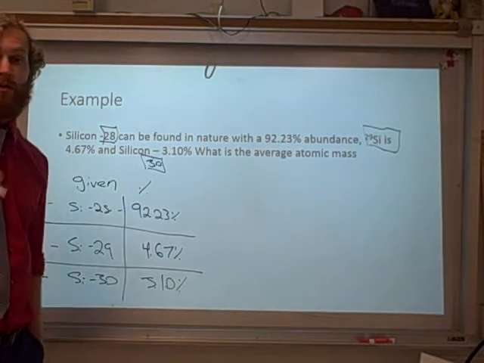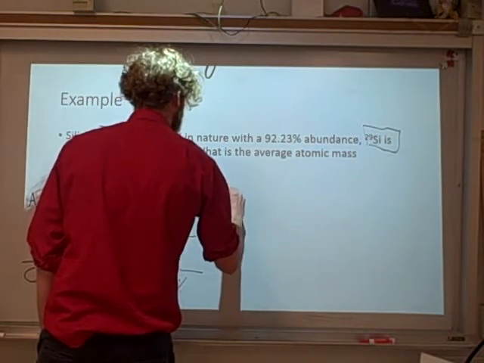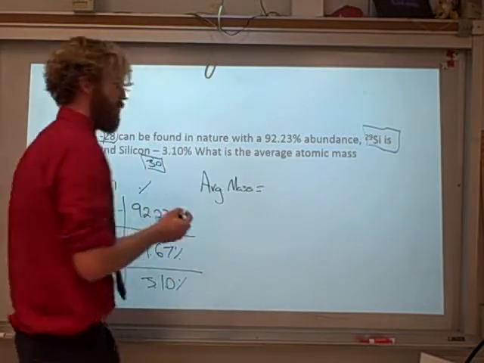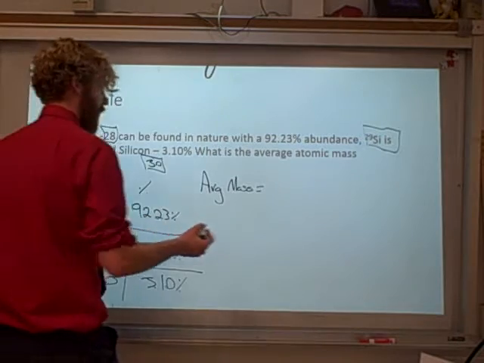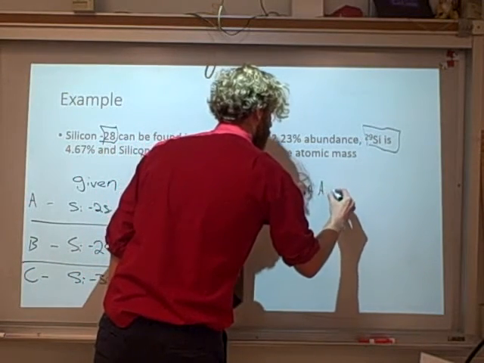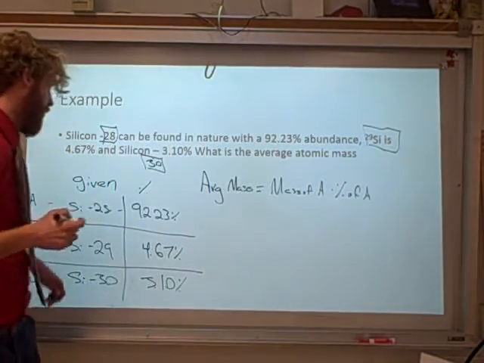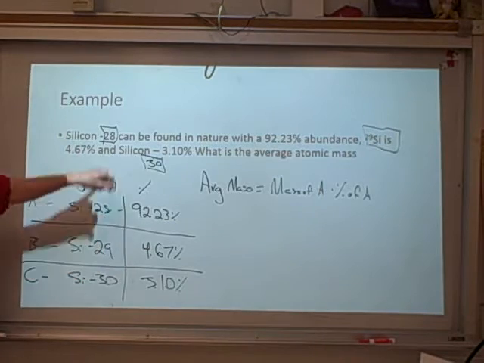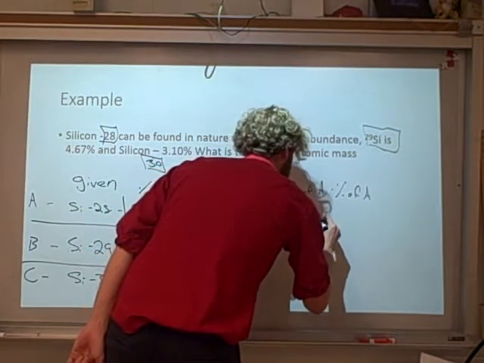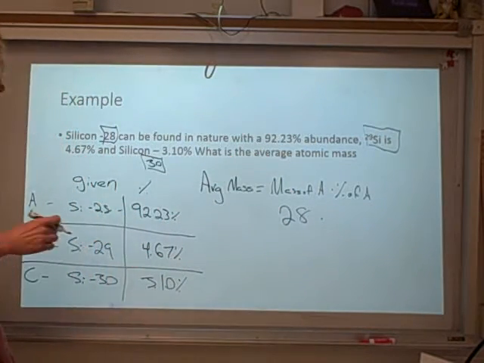So the first thing we've got to do is set up our equation. So our average mass equals the mass of A times the percentage of A, which is 28, because this 28 is our mass. So 28 times 92.23%.